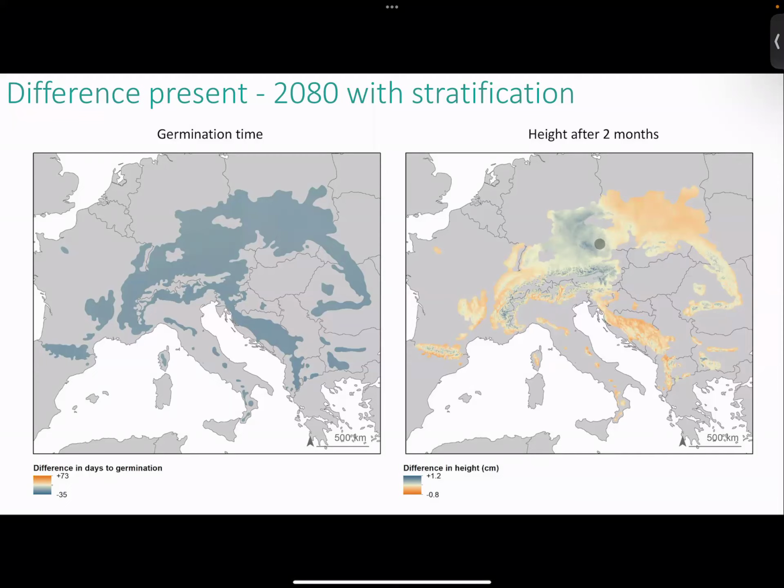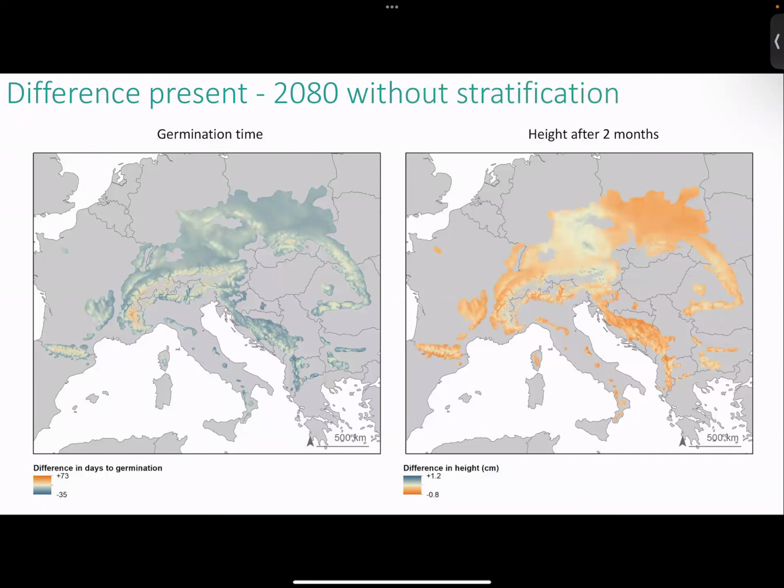On the contrary, the growth rate may be decreased in lower areas and plains surrounding mountain ranges, and especially in this area here of Poland, where I checked that the spring temperature is already a little bit warm for the performance of the species.